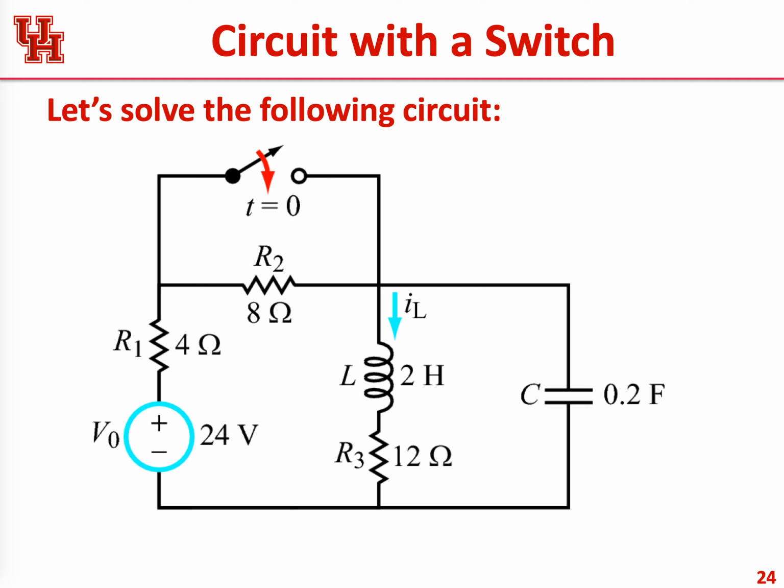So we've got the voltage source, which is 24 volts, and then we have a resistor, 4 ohms, and then we have the resistor 8 ohms, and then we have this guy here, L is 2 Henry, and this is 12 ohms, and there's a capacitor sitting across that, right, 0.2 farad.